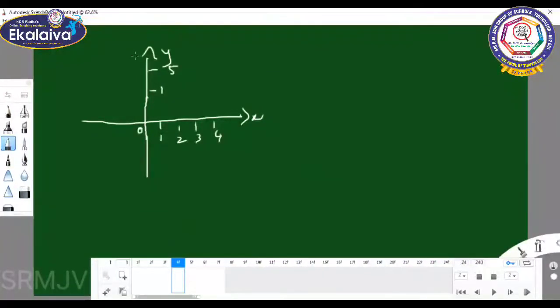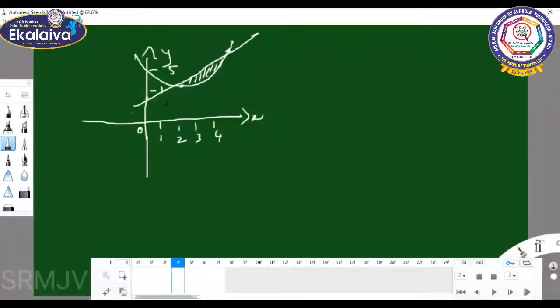Okay, so the curve is like this, 2 comma 1 and 4 comma 5. So you can draw the chord like this. So this is the line PQ. So this bounded region you should find out the value of.